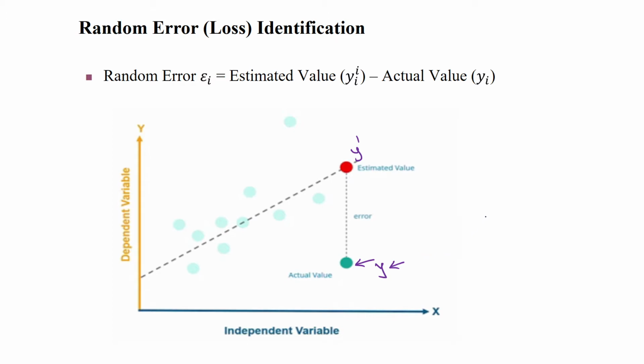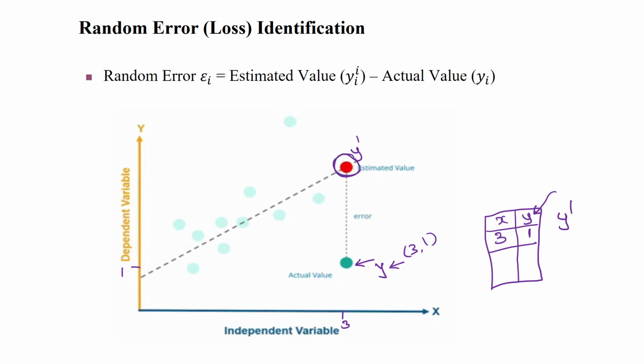Suppose you have a data set like this, where x and y are given. For example, this may be a 3 and this may be a 1. So the x value is 3, the y value is 1. This is the data point 3 comma 1, for example. But our predicted value for this data point, y dash, which we got from our linear regression machine learning model, is placed in this position.